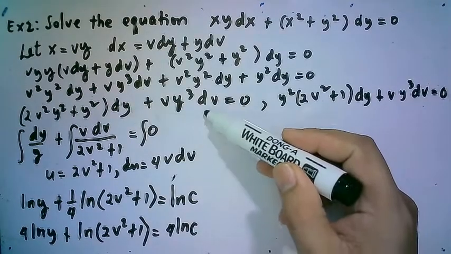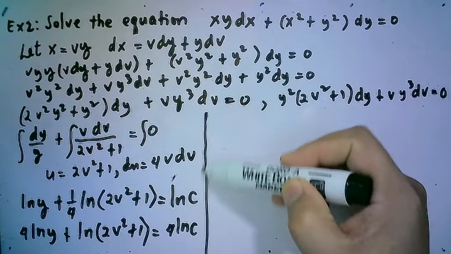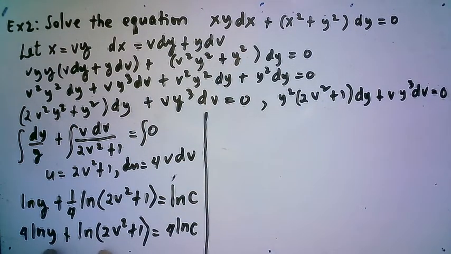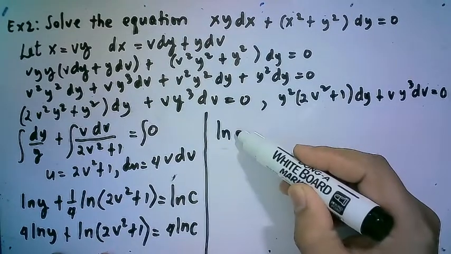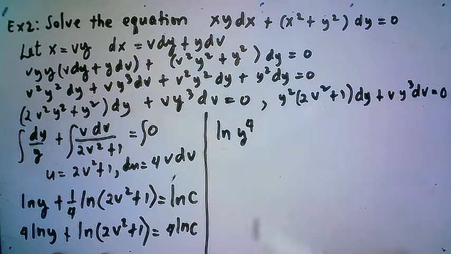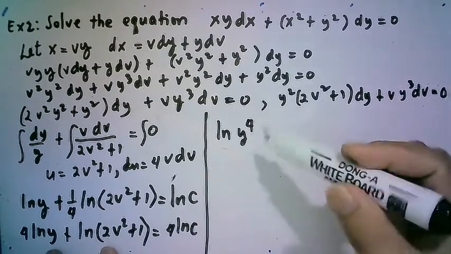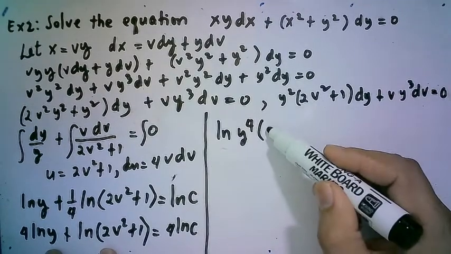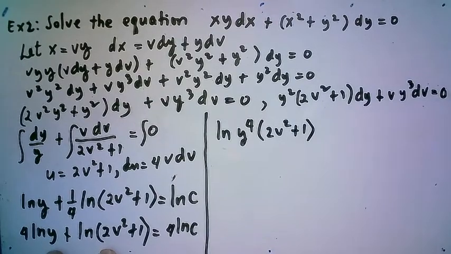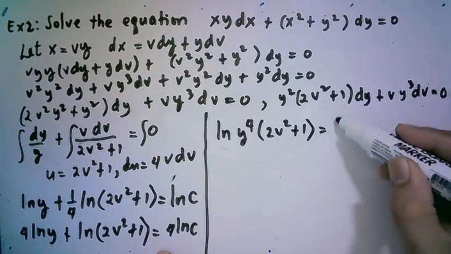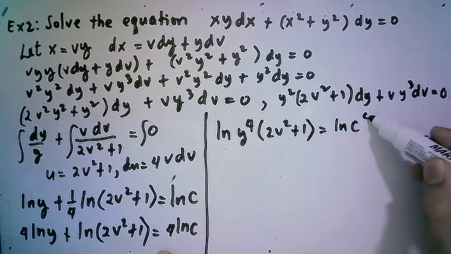So when we combine this one, you have ln of y raised to 4. This 4 will be your exponent to y. Then you have ln of 2v squared plus 1 equals ln of c raised to 4.